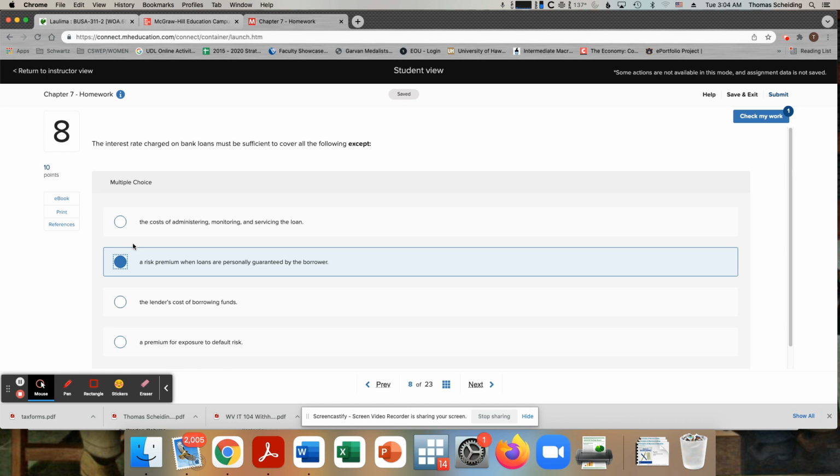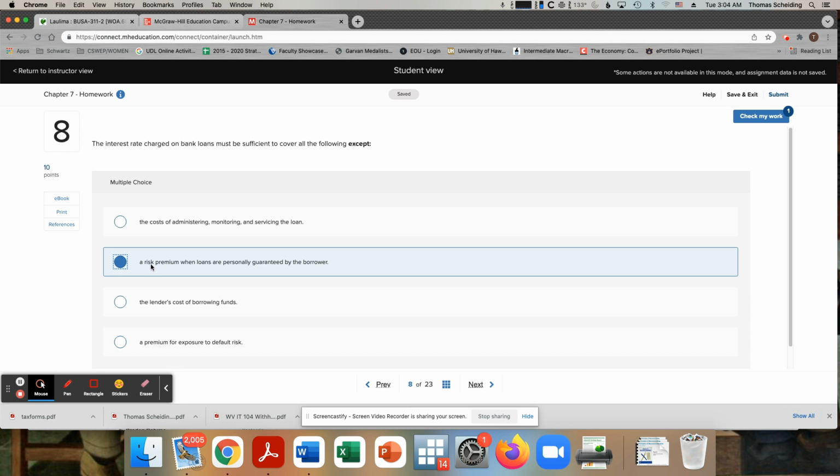It wouldn't be high enough to cover that risk premium, because you have to allow for the fact that some borrowers are obviously a bit more trustworthy than others or have a higher credit rating than others.